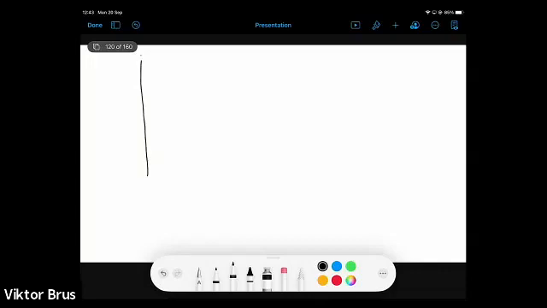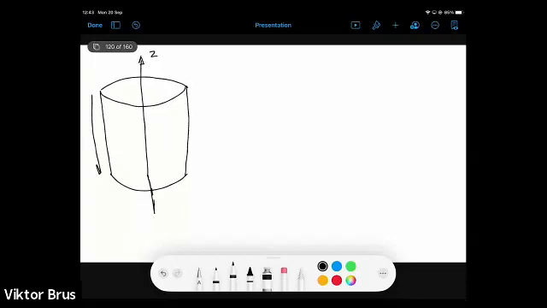Let's say this is some axis Z. Here we have a cylinder, which is filled, and the height of this cylinder, let's mark it as L, and here is the radius of the cylinder.